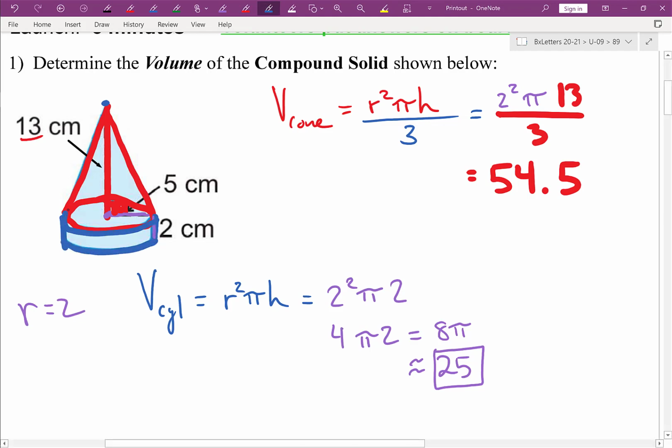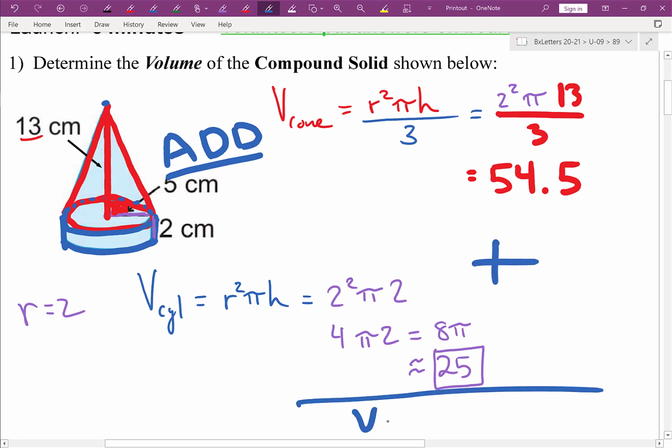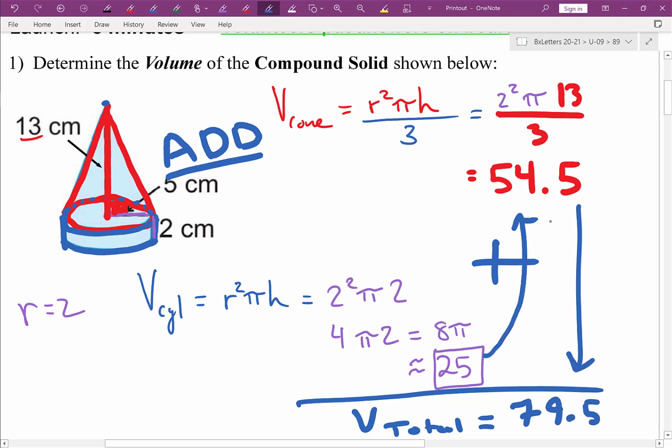They're not overlapping. This is an add. So we are just going to add these numbers together, and we'll get the volume of the total equals 79.5. Okay, great. So that's the straightforward one.